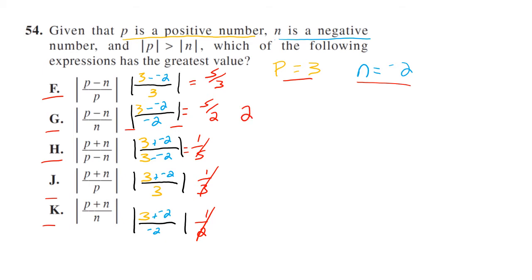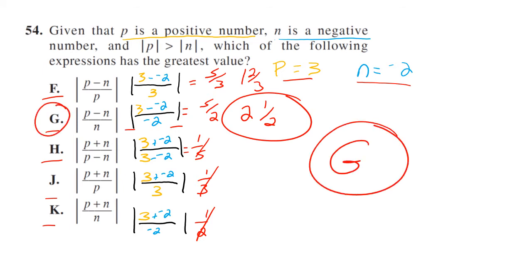So 2 1/2 or 1 2/3. Which one's bigger? Choice G. There's just a lot of ways to make mistakes on this one with your positives and negatives. But G has to be the correct answer as long as you take your time.